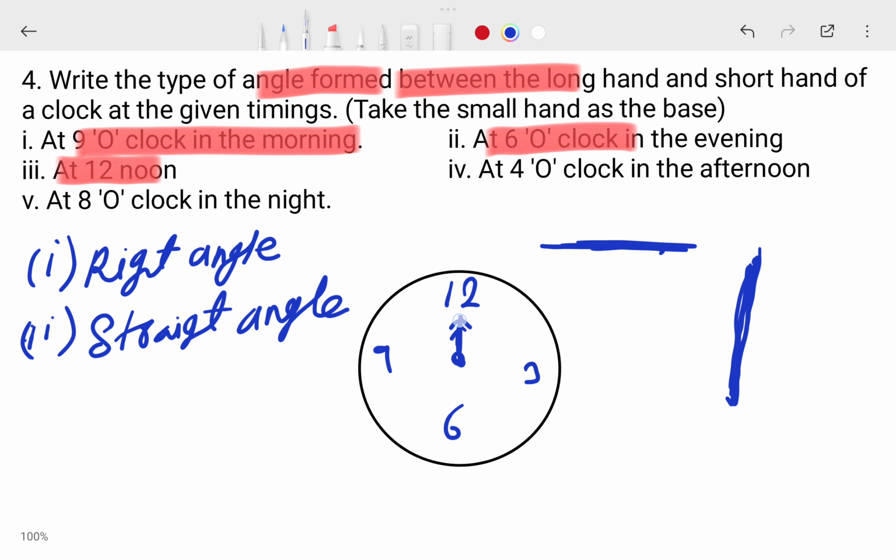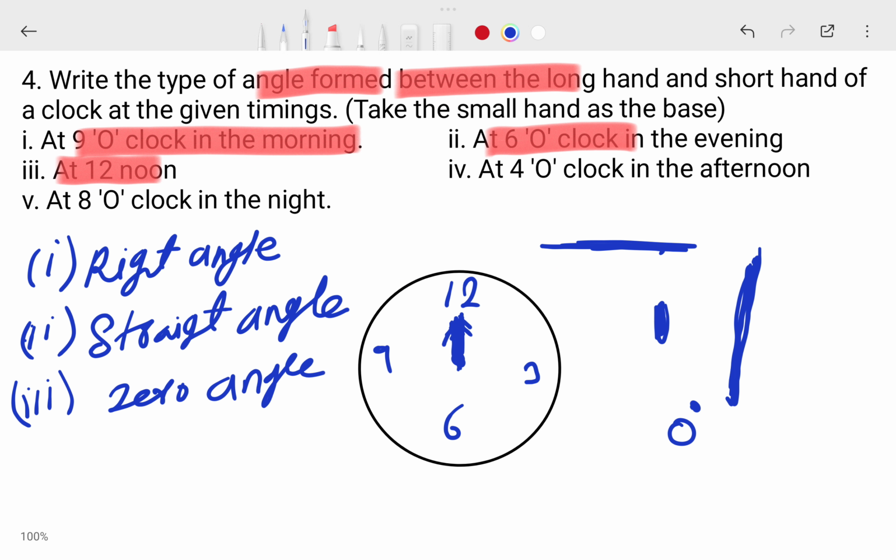It is starting from 12 only, so it is 0 degree, whatever hours, minutes, seconds, everything is at 12. It is not representing any degree, it is just a standing line. You can write 0 angle.